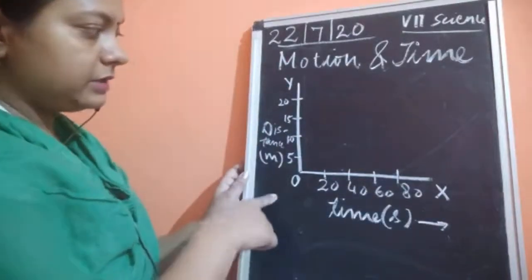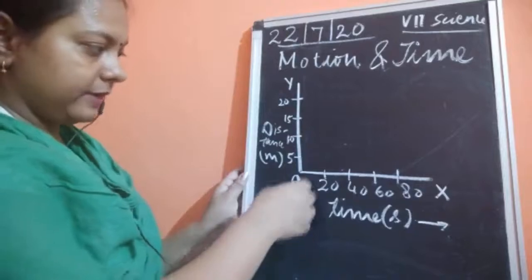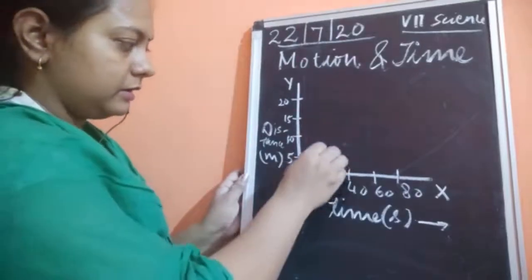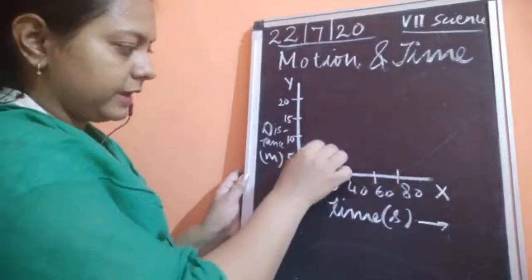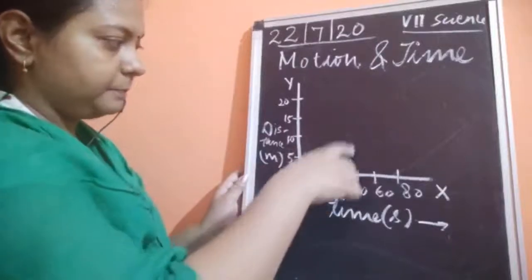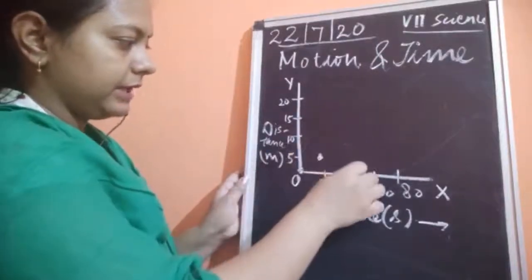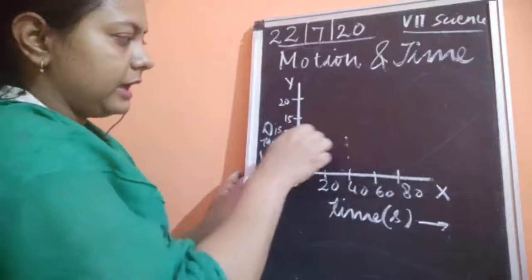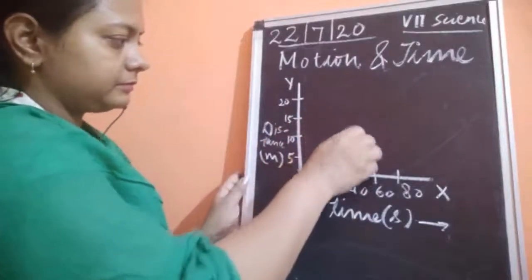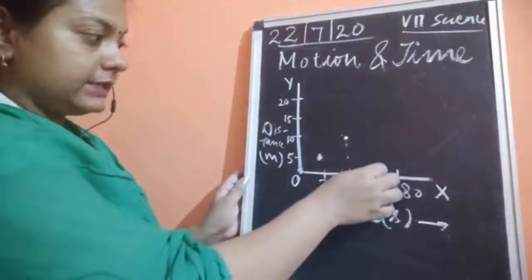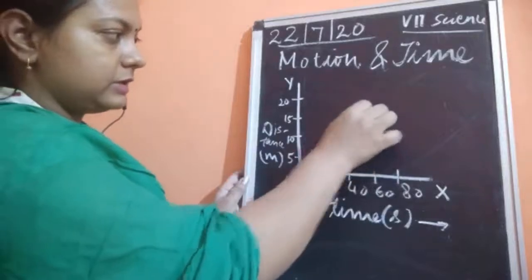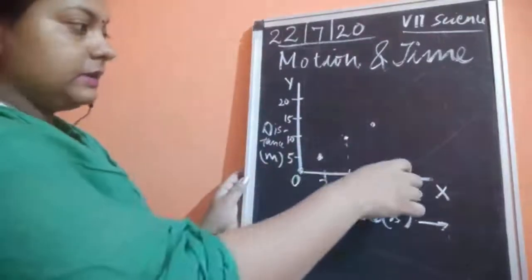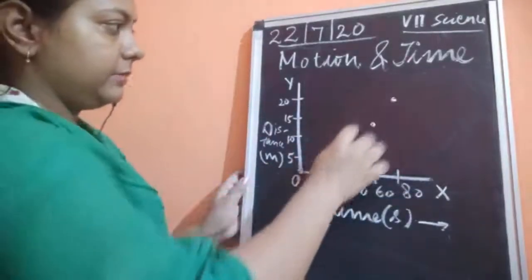Next we will see that at 20 seconds 5 meters were covered. So at 0 it was 0, at 20 it was 5, then at 40 the distance was 10 meters. After that at 60, the distance was 15 meters. Similarly at 80 we have 20 meters.